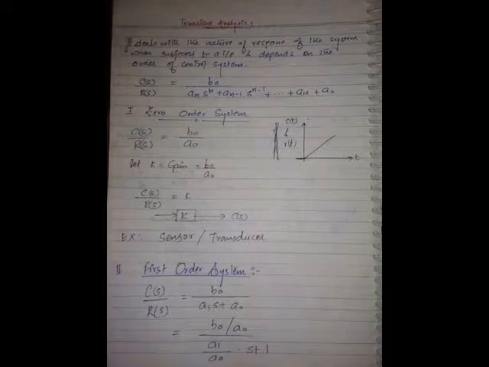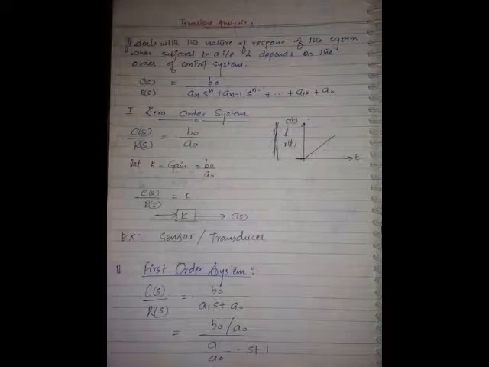Only b0 over a0 will remain, which means the transfer function of the zero order system is just some constant, and this constant we call the gain.